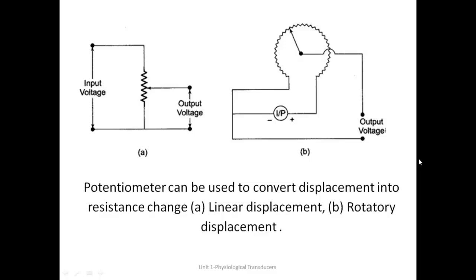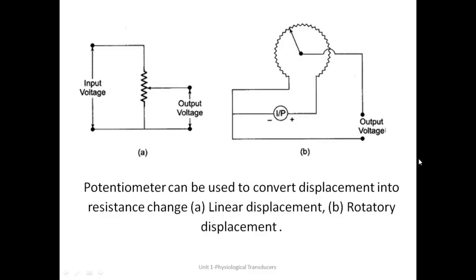The linear movement that takes place only changes the value of the resistance that is a part of your circuit, right? So that change in resistance will actually give you a fluctuation in voltage. So the already existing voltage has been modified or controlled in correspondence to the linear movement that was taking place.